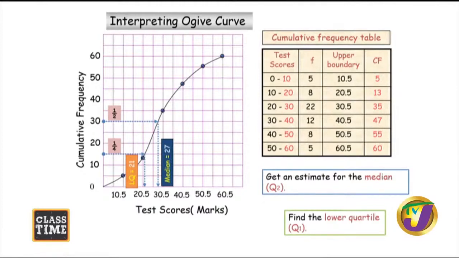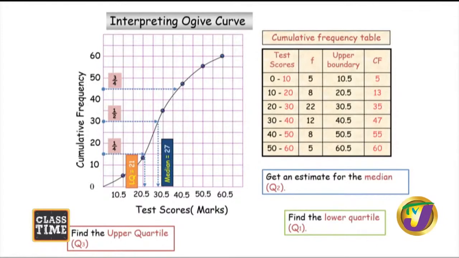So let me try the upper quartile. My upper quartile would have been 3/4 of my data set, which is 3/4 of my 60. So I'm going to locate my 45 on my y-axis. When I find my 45 on my y-axis, I'm not going to write down 45.